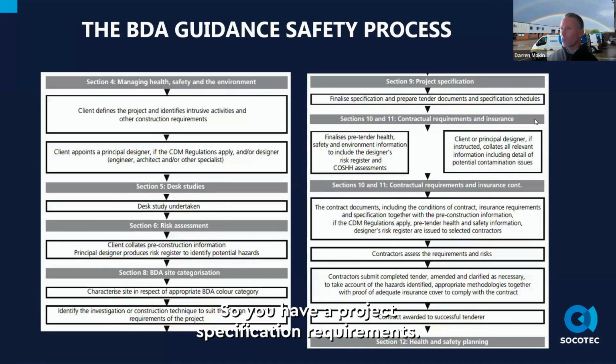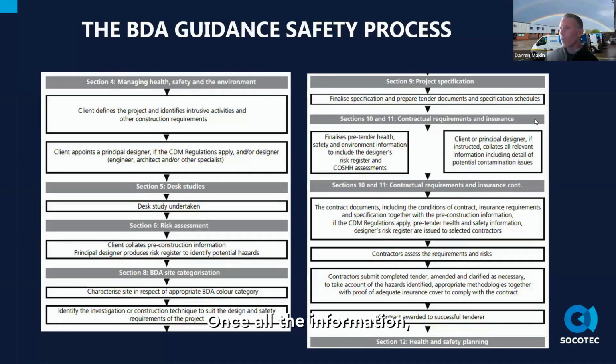So you have a project specification and requirements. There's a principal designer in place managing the health and safety aspects and the supply of the information. Usually at this stage, ideally, a desk study for your project or site is carried out to inform the health and safety plan and also your risk assessments.